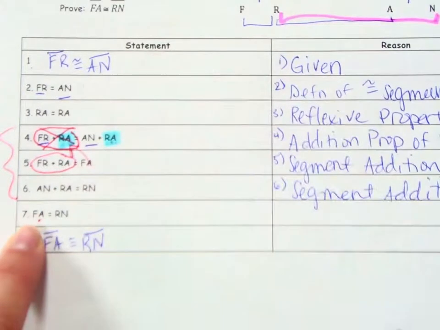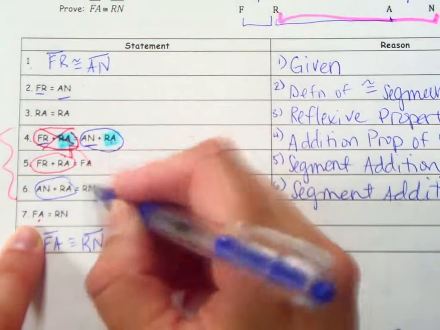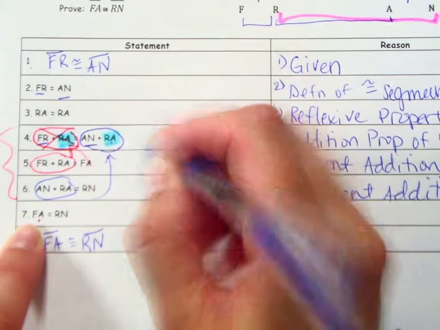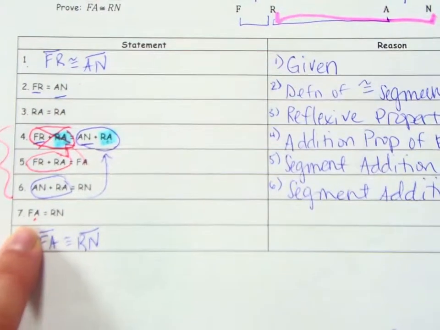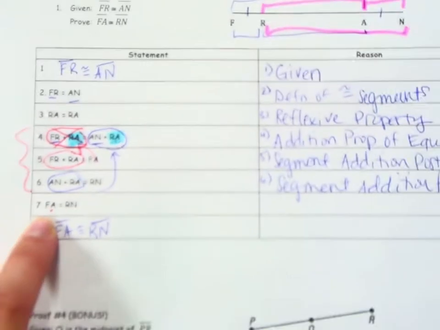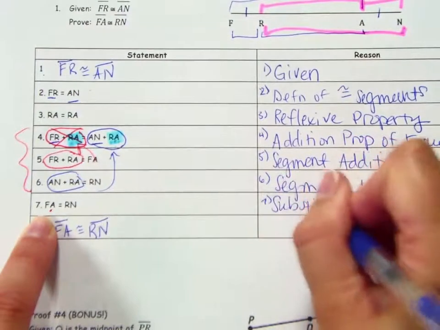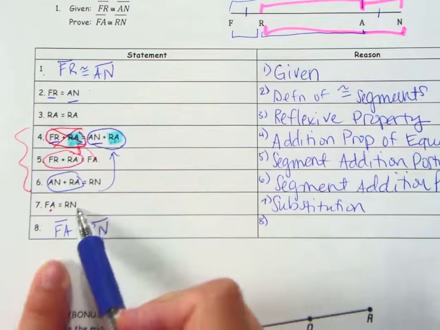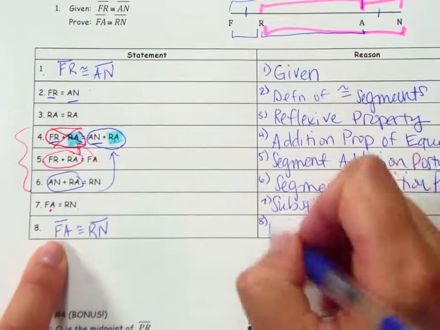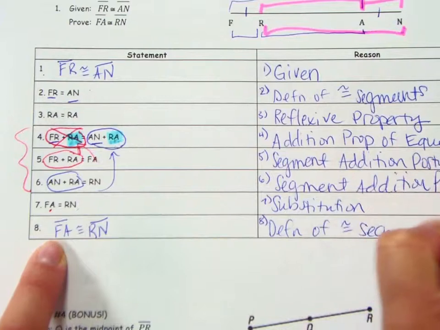We said that AN plus RA, right here and here, is equal to RN. So I'm replacing RN into that. So that is going to be substitution. And then finally, going from measures are equal to the segments are congruent is our definition of congruent segments.